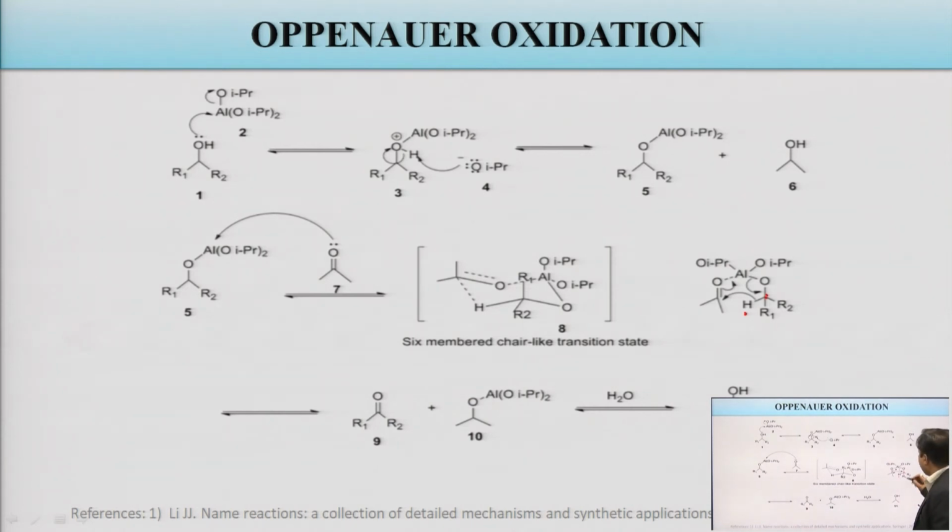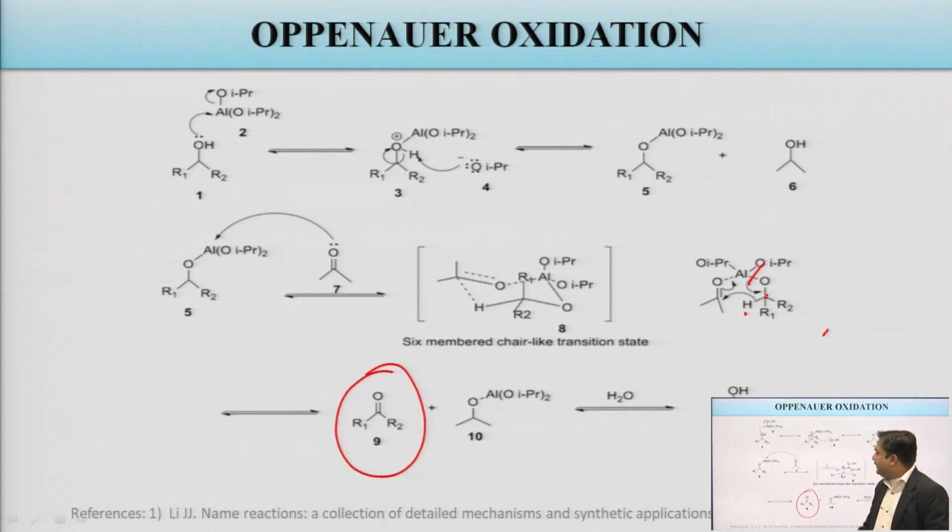At that time this bond between aluminum and the oxygen will be broken, and the electrons will be utilized to form a double bond. Okay. And the whole molecule will be removed, and the molecule which we used at the start of the reaction, that is secondary alcohol, is now converted into the ketone. Okay. Along with another complex in which the aluminum is bonded with the oxygen atom.